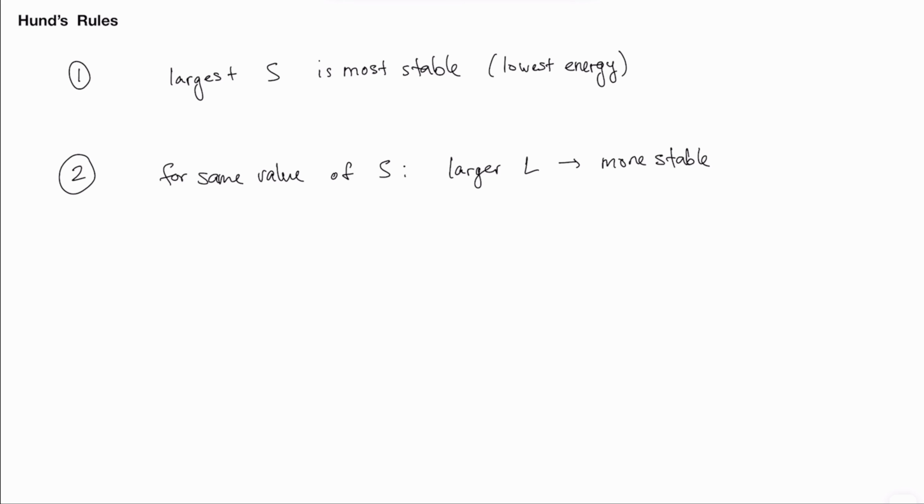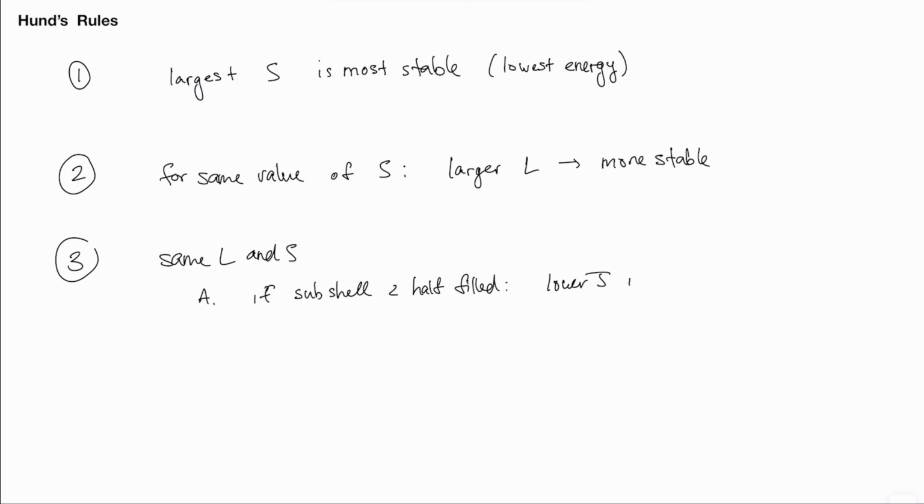And then we have one last quantum number that we need to use for a tiebreaker. If we have the same L and S, we need another tiebreaker, then this one gets a little bit more complicated. So we have two different cases here. Case A is if the subshell is less than half filled, then lower J is more stable.